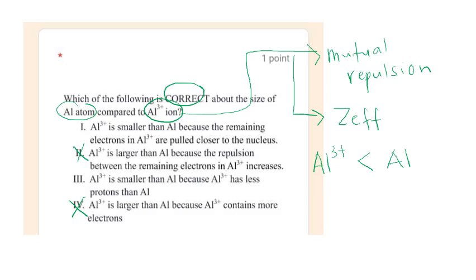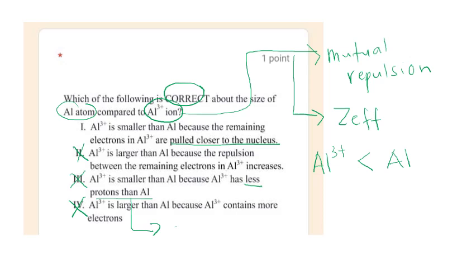So what are the factors? If we look at the first one, the remaining electrons are pulled closer to the nucleus. The third option says it is because they have fewer protons, so option 3 is wrong.